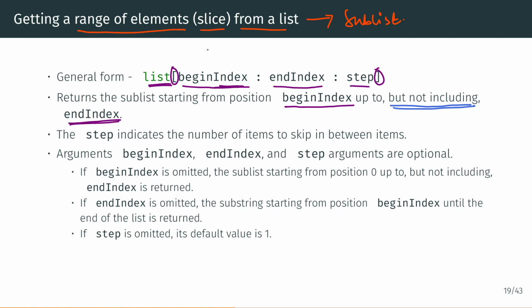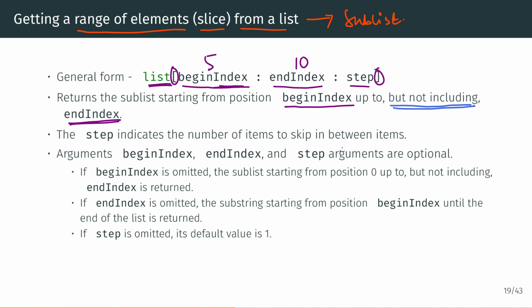So let's say this is 5 and this is 10. You will get the list elements from 5 through 9, so 5, 6, 7, 8, and 9. Finally, the third argument, step, indicates the number of items to skip between items. So if the step size is 1, you choose every element.